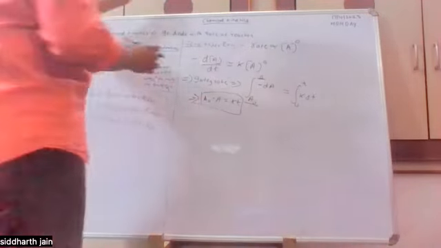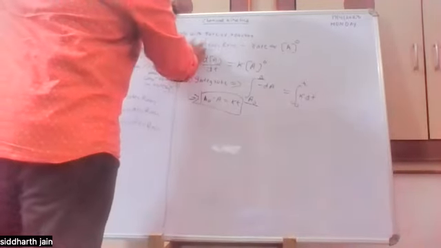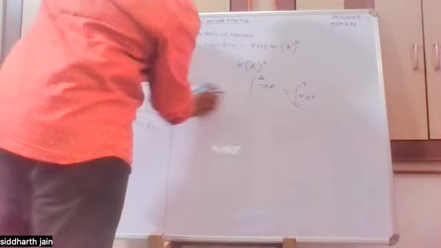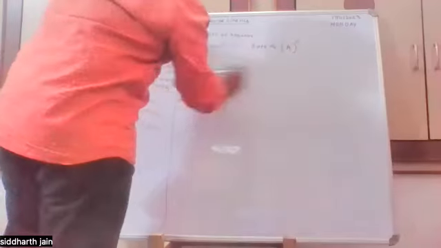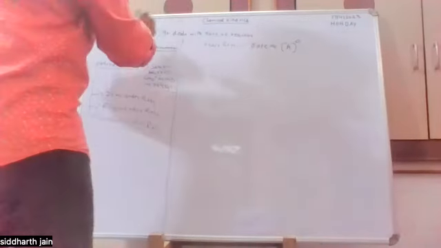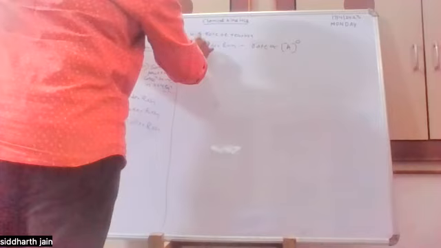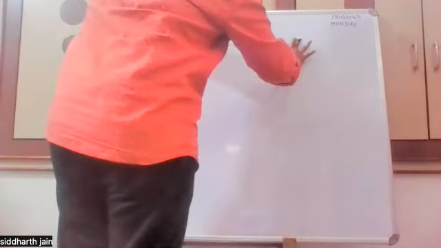Now similarly for first order reaction, we can define rate as proportional to the concentration of A to the power 1.